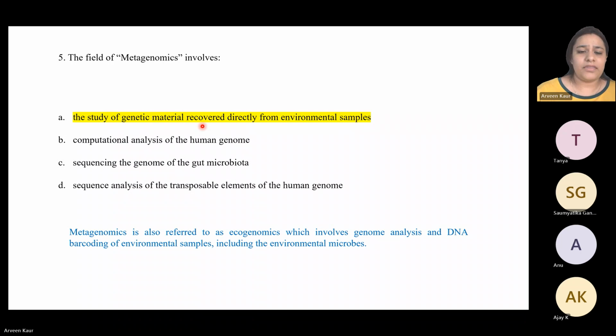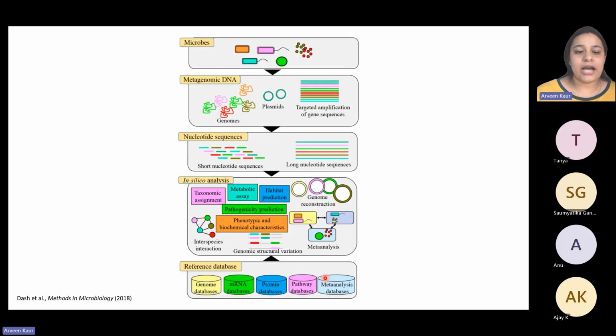So metagenomics is also referred to as ecogenomics. Why? Because environmental has to do with ecology. So from that you can remember ecogenomics, which basically involves genome analysis and DNA barcoding of environmental samples, including environmental microbes. Let us briefly take a look at what the workflow is for a metagenomic analysis.